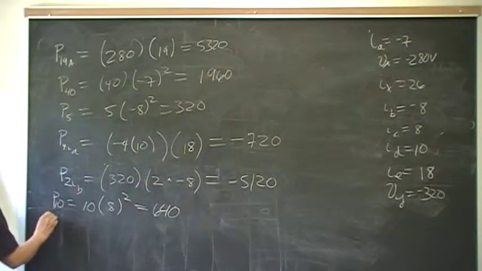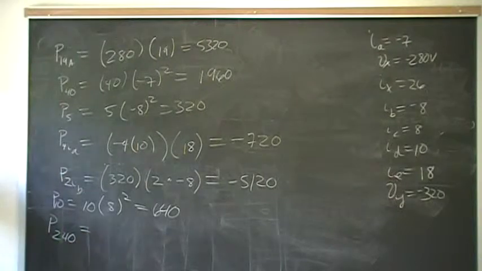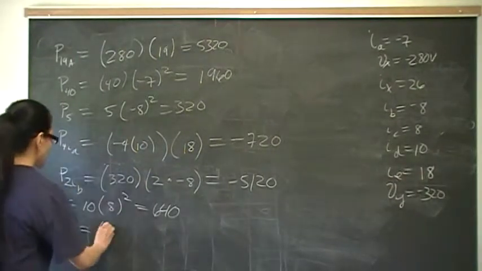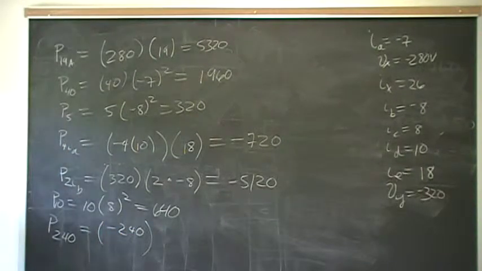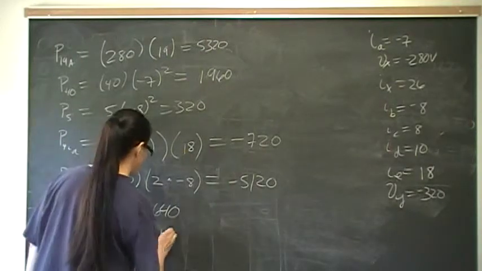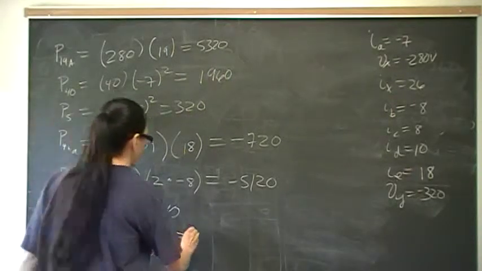And the final one is the power dissipated by the 240 volt independent voltage source. Power is voltage times current, so our voltage is negative 240 because the current is entering the negative terminal. The current is ID, and that's 10. That gives you negative 2400.